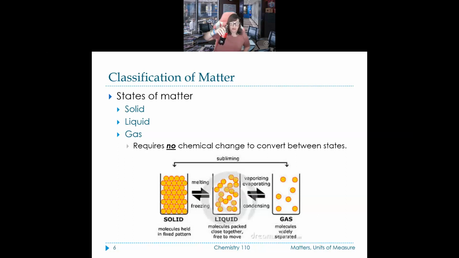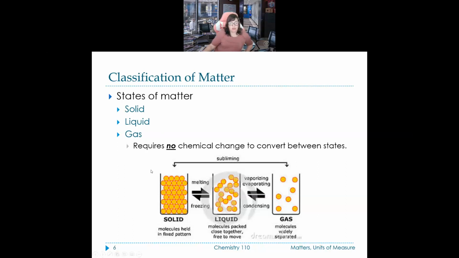That's what liquids do. I'm not going to do that because it's messy, but that's what we're talking about. And then there are gases. Gases are more widely spread molecules. They have no fixed position, and they often don't interact with each other. So those are the 3 states that we're going to talk about.